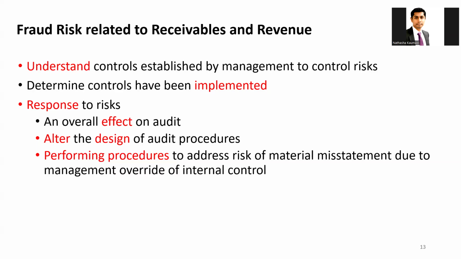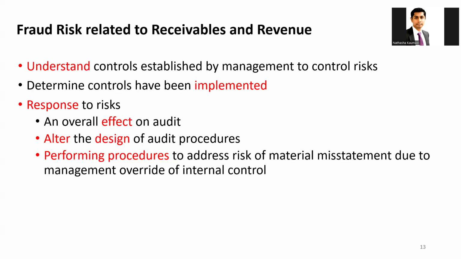But let's say when you try to understand the controls, sometimes there are no controls at all. So at that time, there's a high risk of fraud. But sometimes there are good controls, but they are not operating effectively. Again, fraud risk is very high.